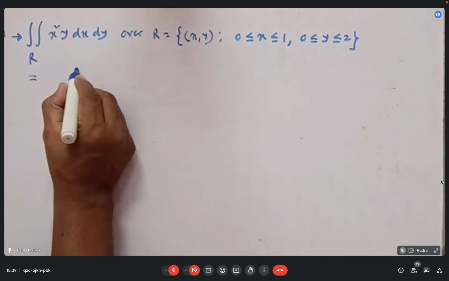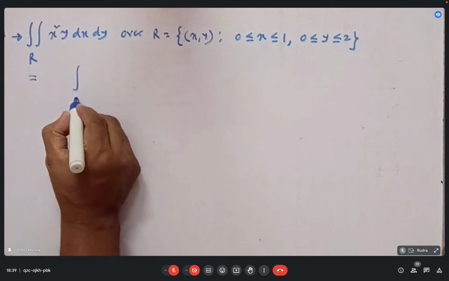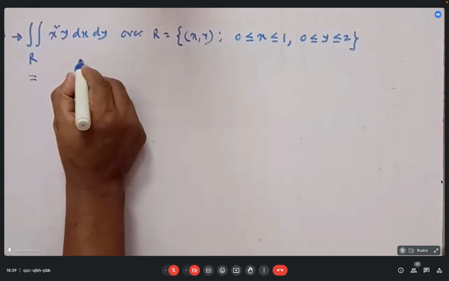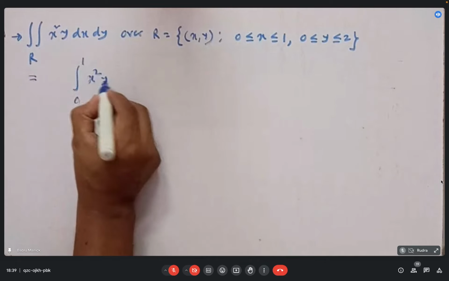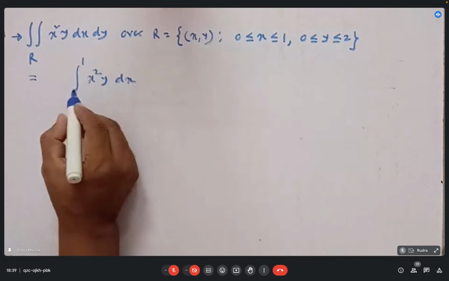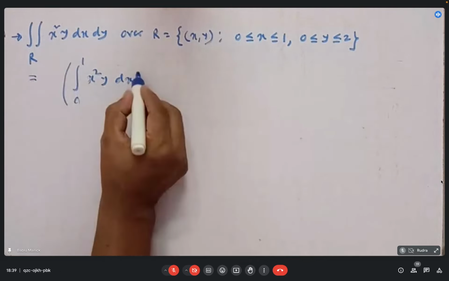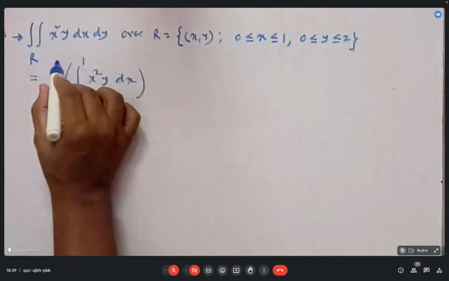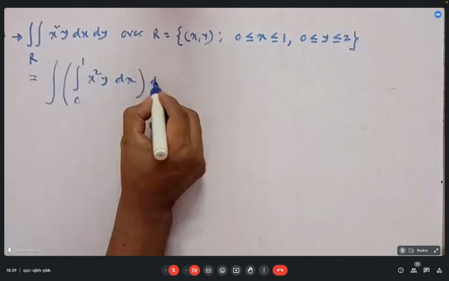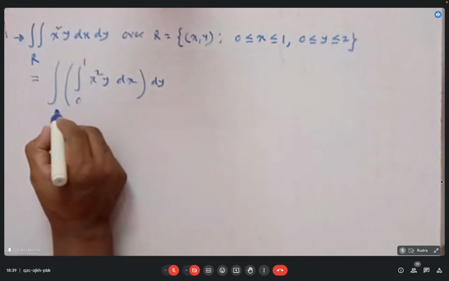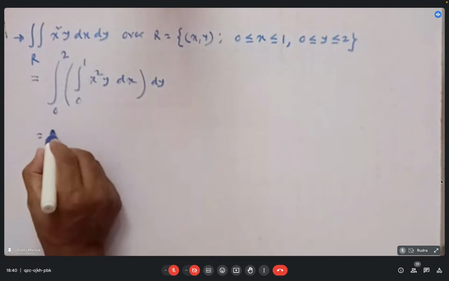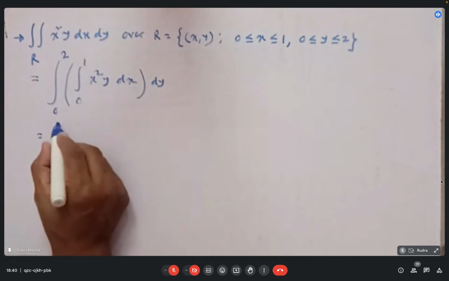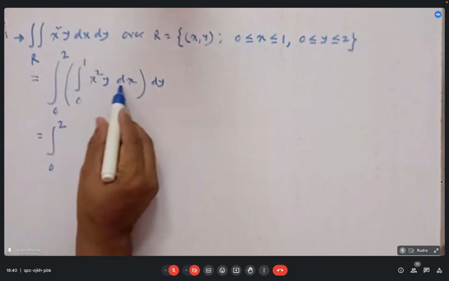I shall integrate with respect to x first, so we shall put the limit of x. We shall integrate with respect to x first, and then with respect to y. So the limit of y is from 0 to 2. So this is equal to integration from 0 to 2.